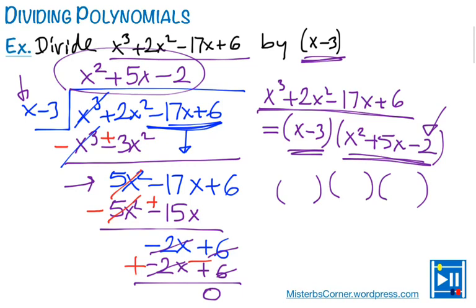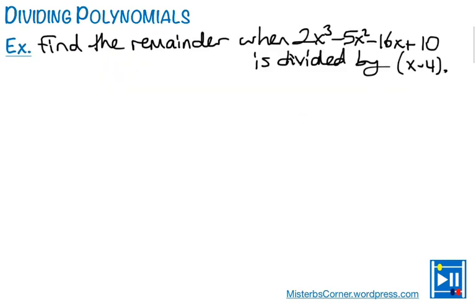Let's see another example. So this one says find the remainder when this expression is divided by x minus 4. So basically I will start dividing, and when I end up, I'll end up with a number most probably as the remainder. So let's start.